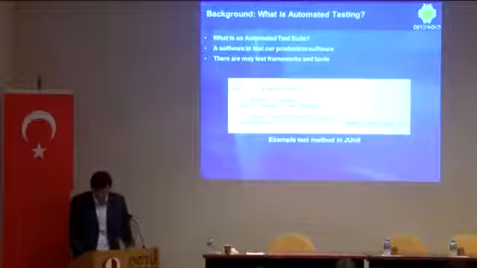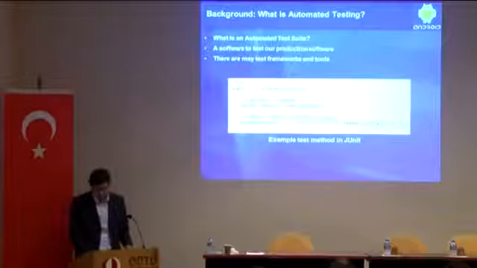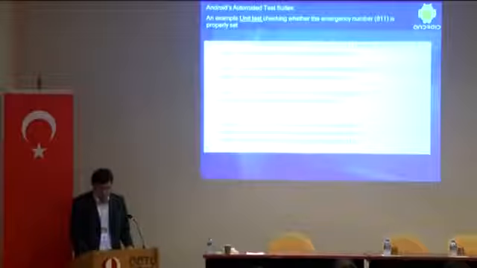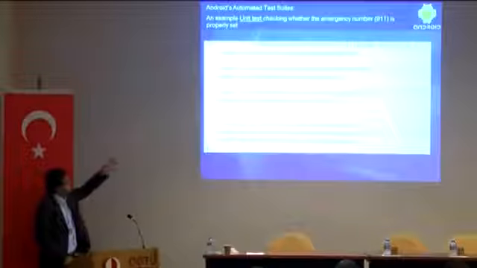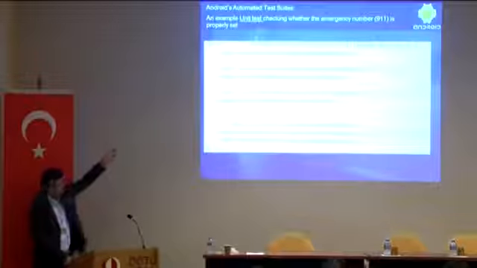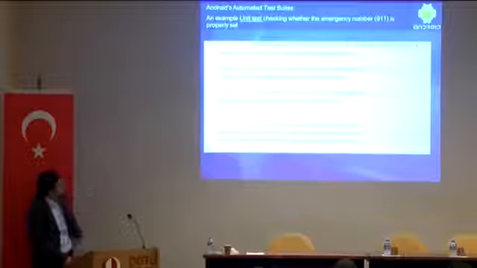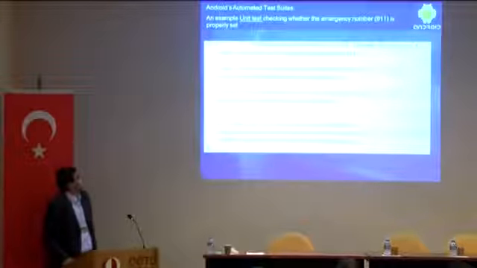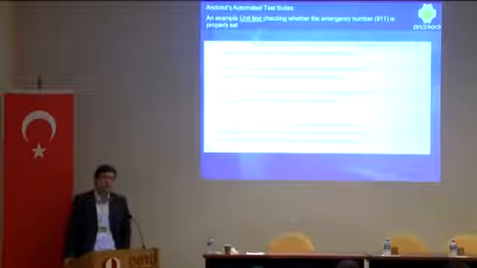Android of course supports this, and when you download the open source OS, it comes with a lot of test cases. Here I'm showing you a real test method from the Android code base itself. This unit test checks that the emergency number, which in North America, as you know, is 911. I'm not sure what's in Turkey.